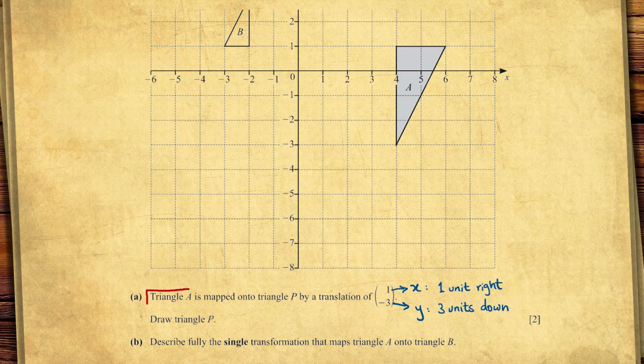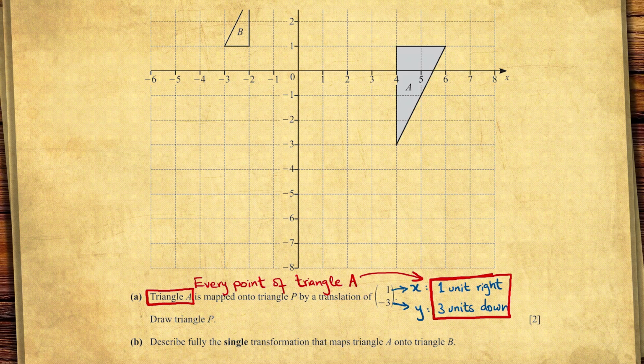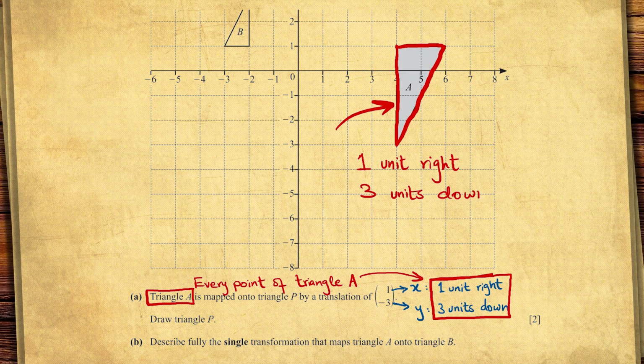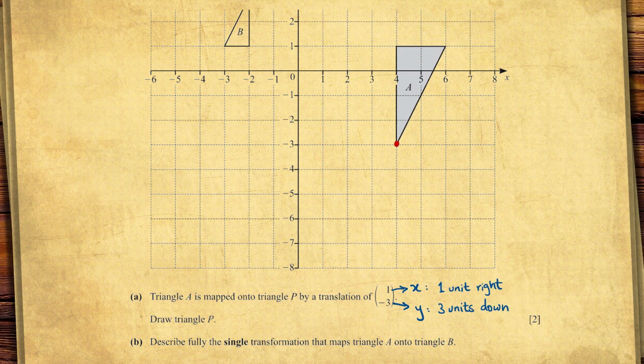Now since this translation is being applied on triangle A, that means every point of triangle A needs to be moved 1 unit to the right and 3 units downwards. This is triangle A, and we need to move every point of this triangle 1 unit to the right and 3 units downwards. Now first let's translate this point 1 unit to the right and 3 units down.